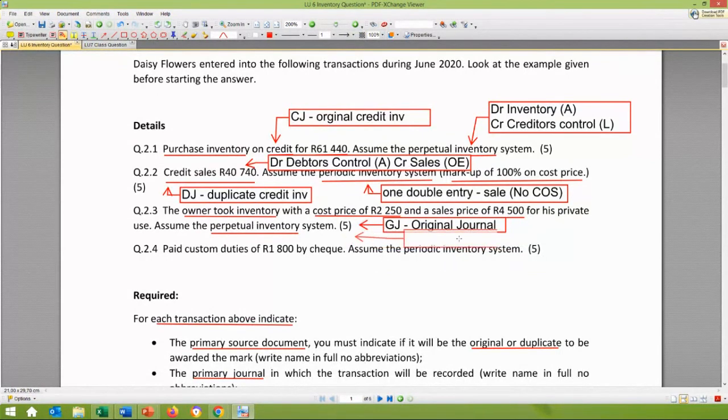The accounts that will be affected will be as follows. So we know drawings will increase, so the owner increased its drawings. So drawings increases, which affects owner's equity, but negatively. And then we will credit the inventory because inventory is decreasing, which is an asset.